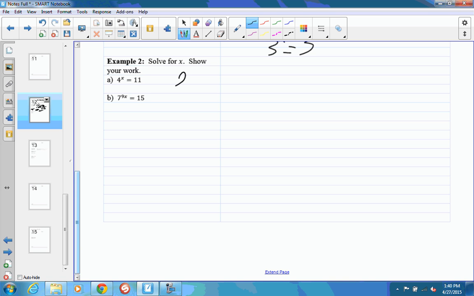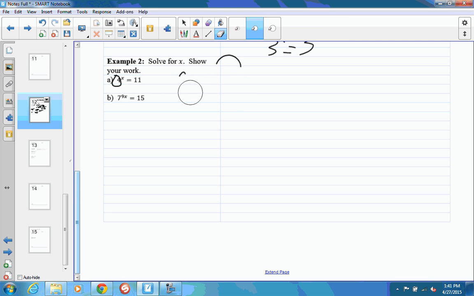I had a base b, log base b, and I wanted to get to a number x. So I had my base b raised to an exponent y equals x. This is saying my base b raised to an unknown exponent equals 11.